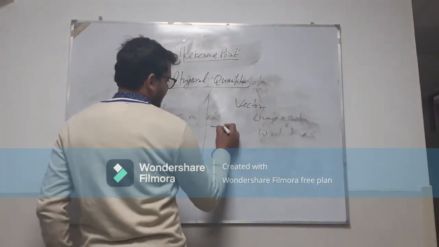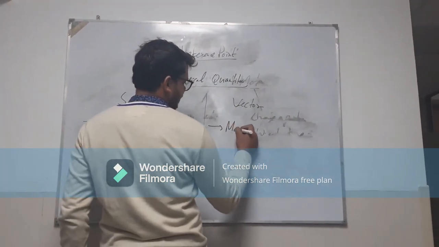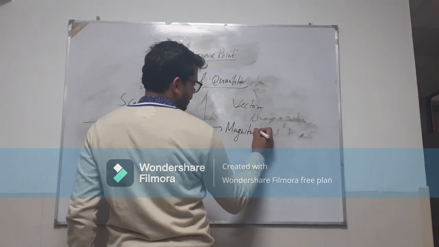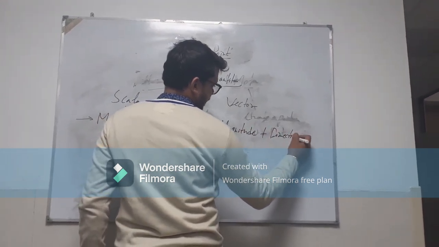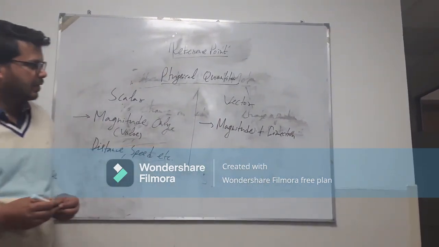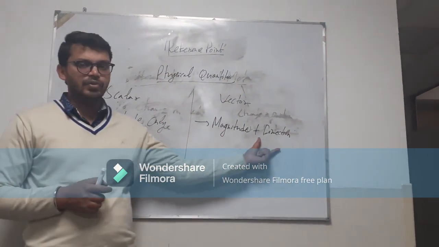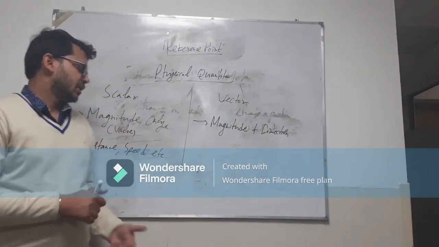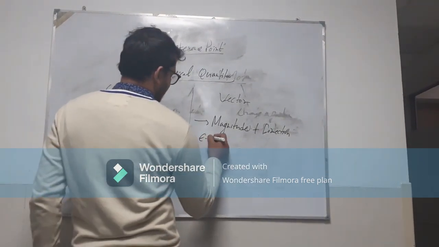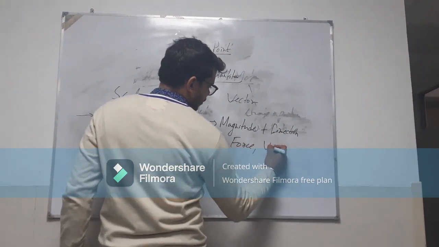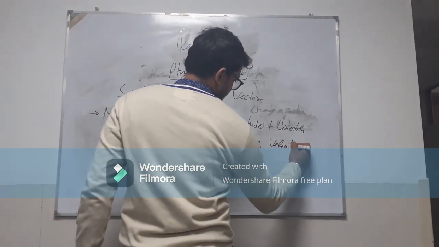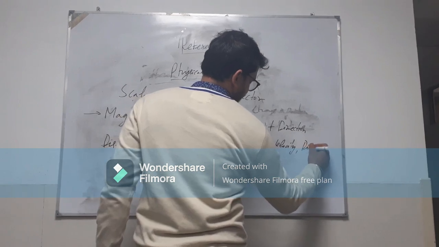Now vector quantity. A vector quantity is defined by magnitude plus direction. To define a vector quantity we also need direction. Examples are force, velocity, displacement.